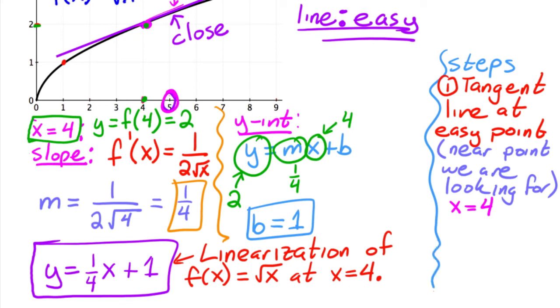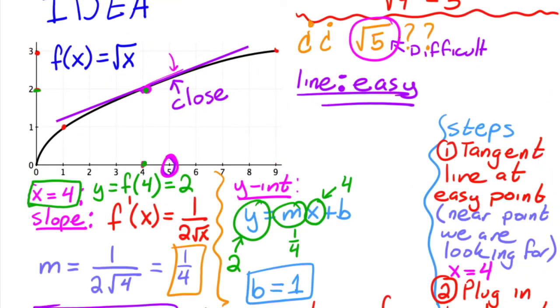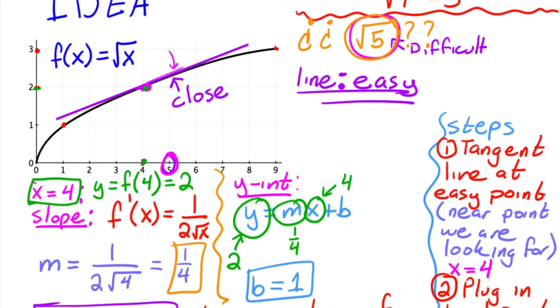Now to continue my steps, the second step, once I found the tangent line, is to plug in what we're going to call the hard point. The hard point is the point we are looking for. In this case, we're looking for when x is equal to 5. That's from up here, where we said we were looking for the square root of 5.